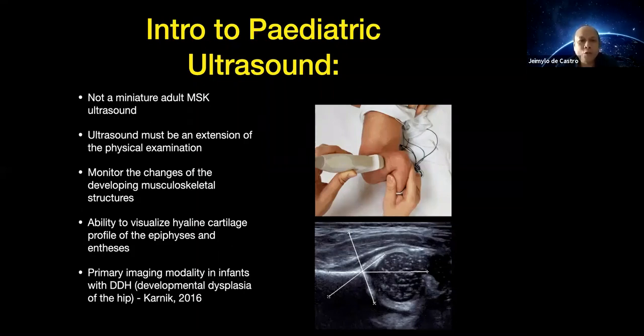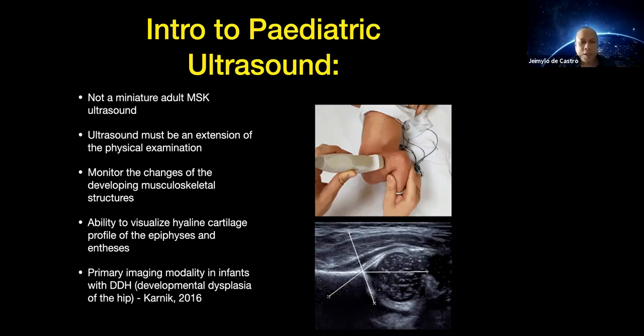Then we would also like to monitor the changes of the developing musculoskeletal structures. You would like to know what structures are usually abnormal, and see if there are other changes that we also note in the ultrasound. This is also a way to visualize structures like your cartilage or epiphysis.